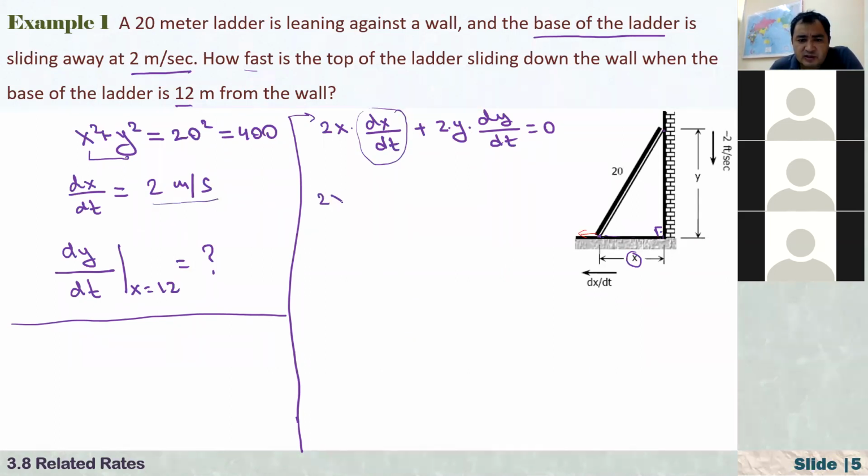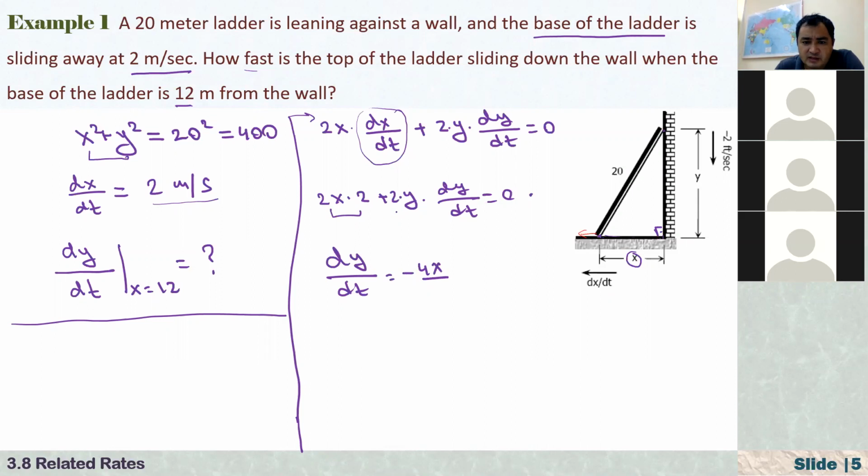So that is 2 times x times 2 plus 2 times y times dy/dt is equal to 0. Or if you just calculate dy/dt from here, dy/dt is equal to, taking 4x to the right-hand side, minus 4x. Divide both sides by 2y. So dy/dt is equal to minus 2x over y.